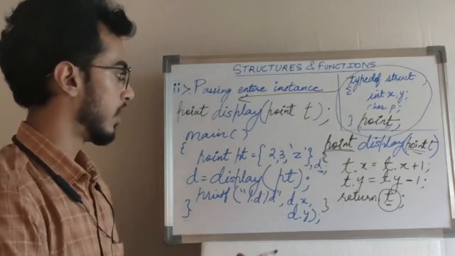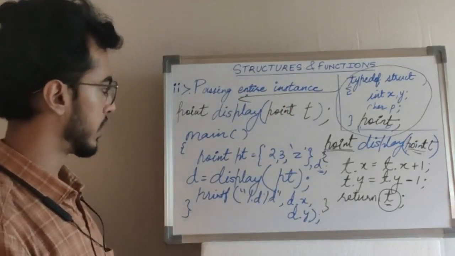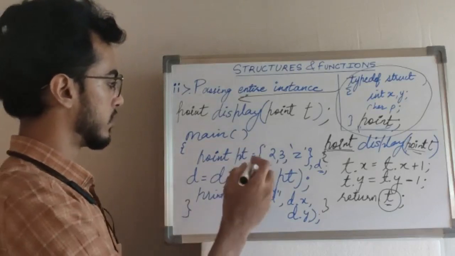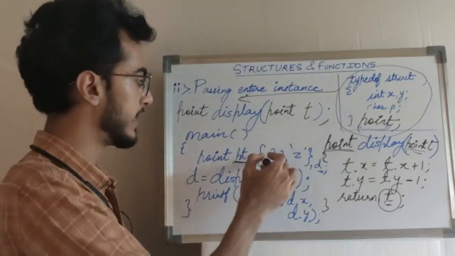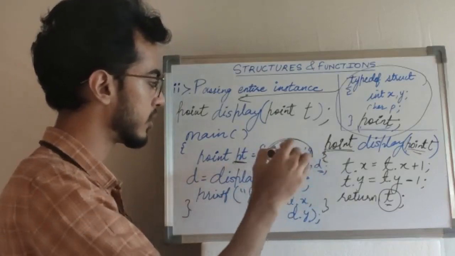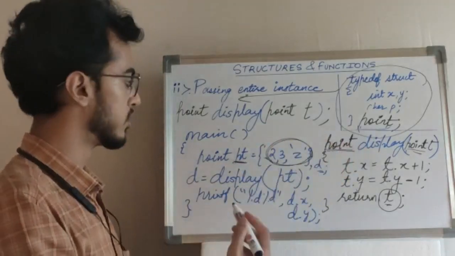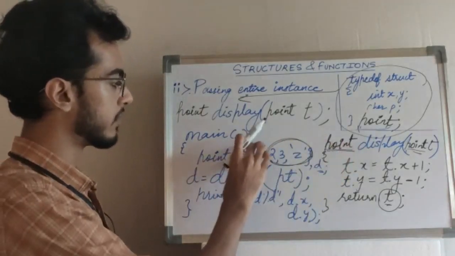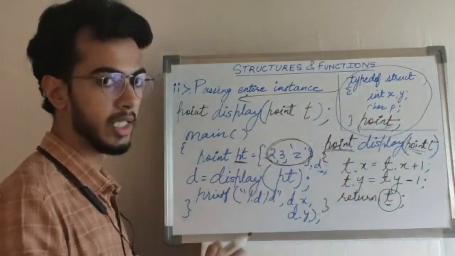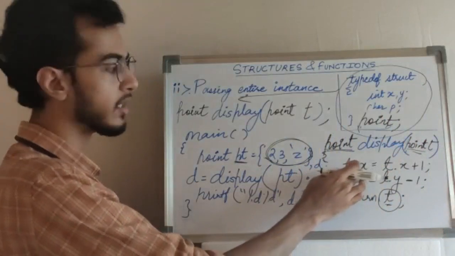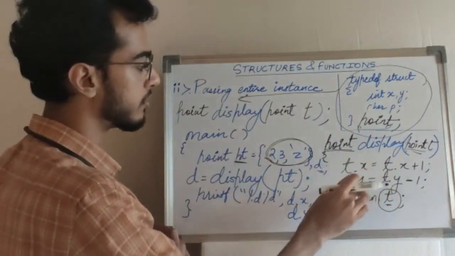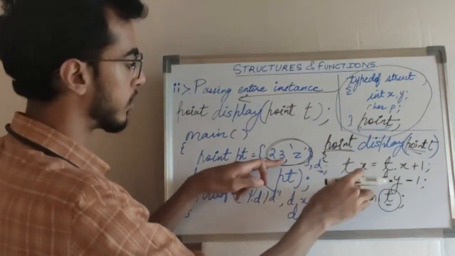So now how this will be executed is, first this pt is sent to the function display. So this entire set of values will be sent. Whatever was there in the pt will now be copied to t. And if I refer to t.x, it will refer to 2. And if I refer to t.y, that means I am referring to 3.